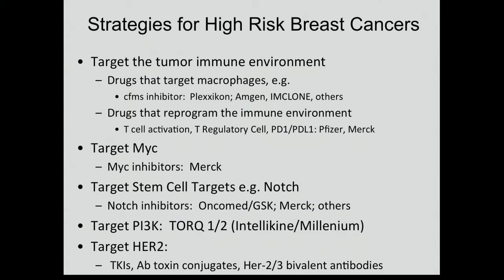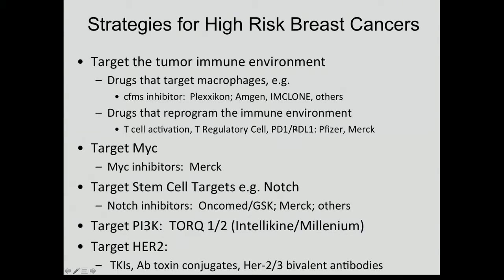In the case of high-risk breast cancer, what is studied at the moment is targeting the tumor immune environment. For many years, people have been looking at the immune environment, but only most recently are we understanding what the relevant targets to hit are.